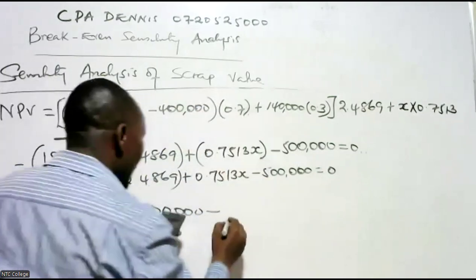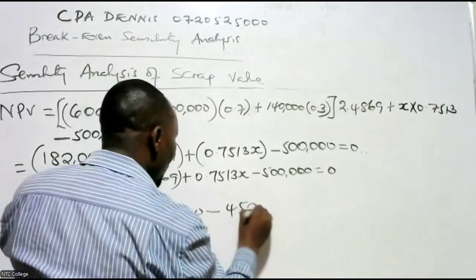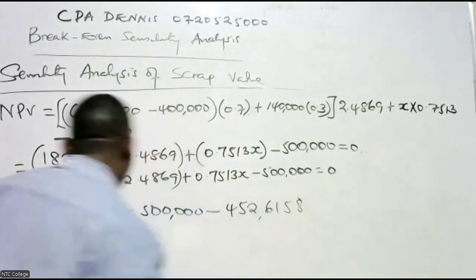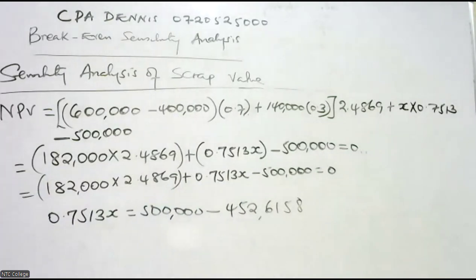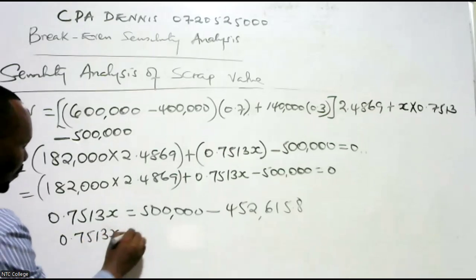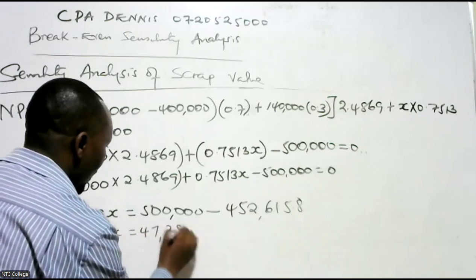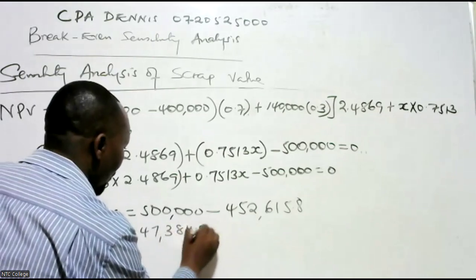So we minus 452,615.8. All right. What if you decide to subtract that? What can you get? 47,000, right? So we are saying that 0.7513x is equal to 47,384.2.